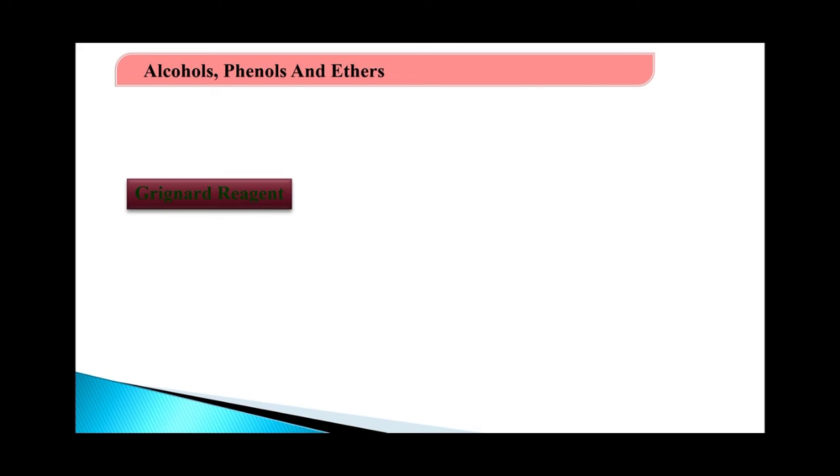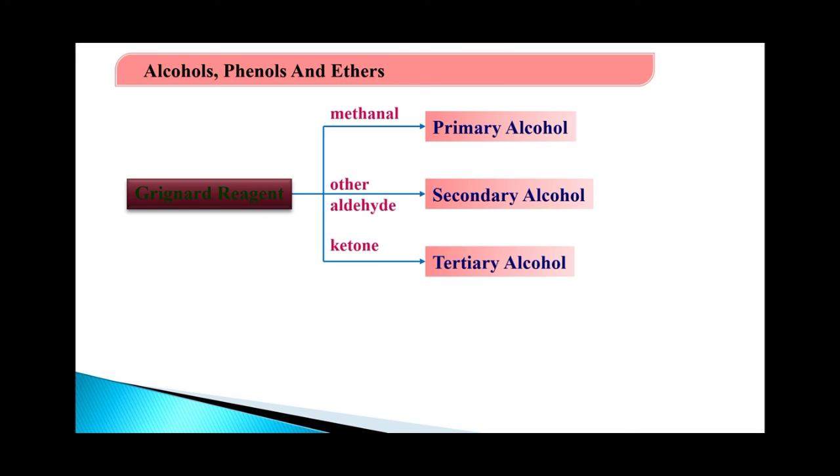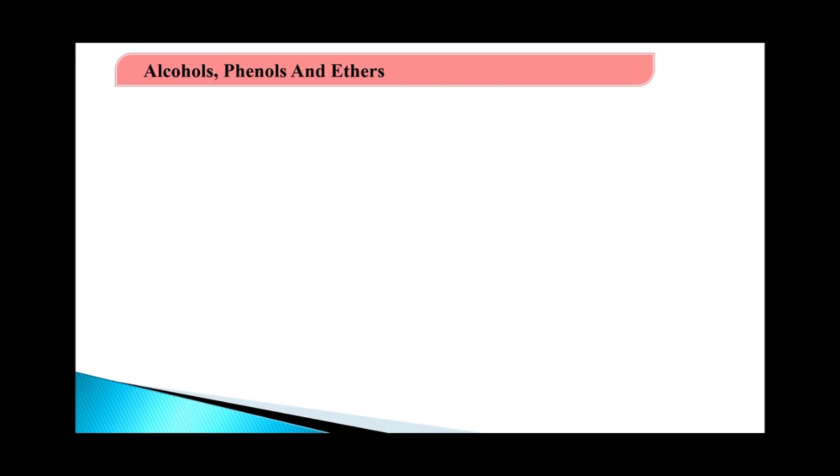Remember, Grignard's reagent, when it is reacted with methanal, will lead to formation of primary alcohol. Any other aldehydes except methanal will lead to formation of secondary alcohol, and any ketones will lead to formation of tertiary alcohol.